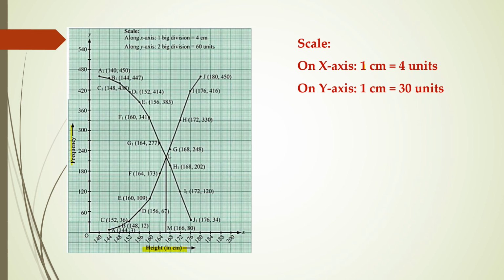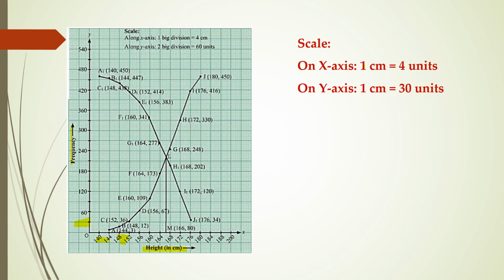The difference between 140 and 144 is 4. 144 to 148, 4 units. 148 to 152, 4 units. Therefore, we have taken a scale of 4 units on the x-axis, and on the y-axis we have taken a scale of 30 units. And this is 0. This is 60. That means the midpoint is 30. Therefore, 1 centimeter is equal to 30 units on the y-axis.